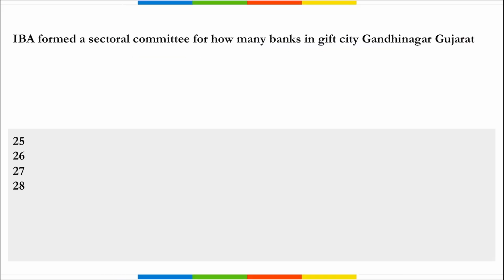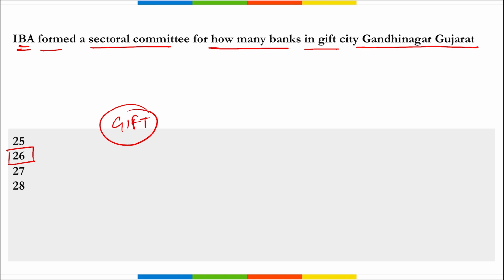Next is IBA. They have formed a sectoral committee for how many banks in the GIFT City, Gandhinagar, Gujarat? So IBA, that is your Indian Banks Association, constituted a sectoral committee to frame a unique regulatory landscape and address challenges that are faced by 26 member banks operating within the GIFT City, that is in Gandhinagar, Gujarat.